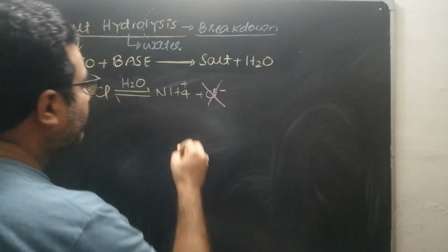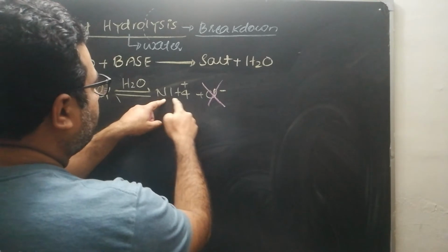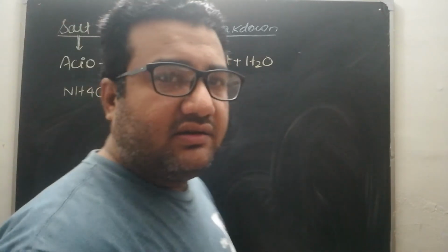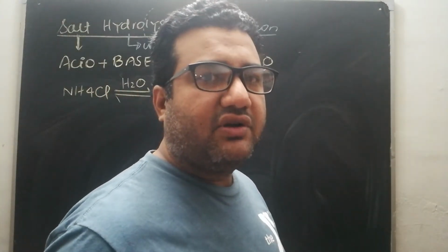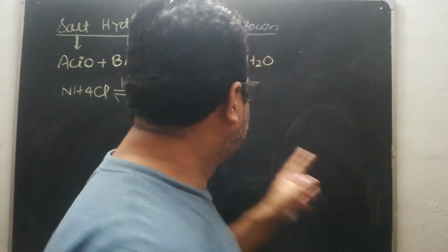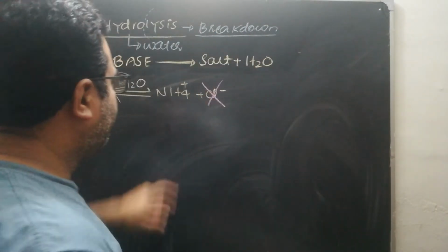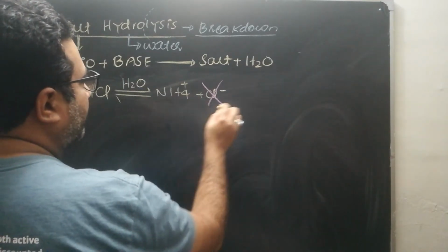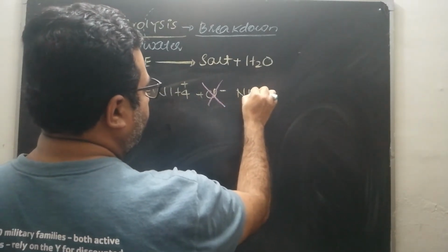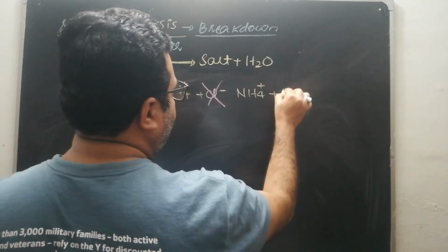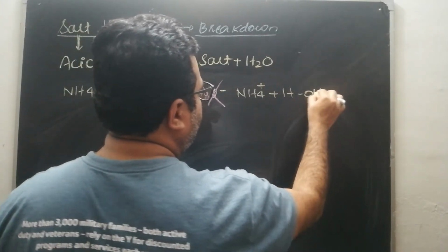But this ammonium ion is a strong conjugate acid because its base was weak, ammonium hydroxide. Now it will react with water. And what will happen?